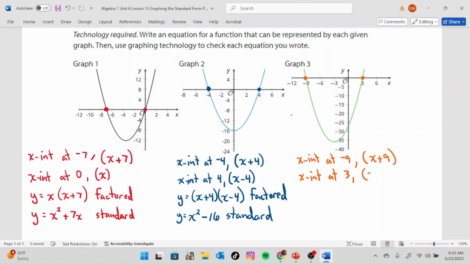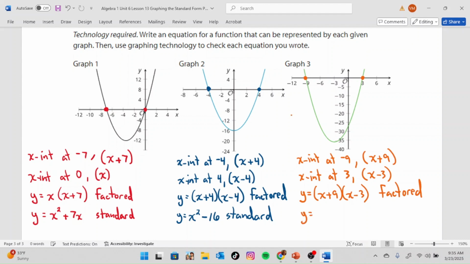That factor would have to be x minus 3, because 3 minus 3 equals 0. So now if I want the factored form, I can simply write x plus 9 times x minus 3.